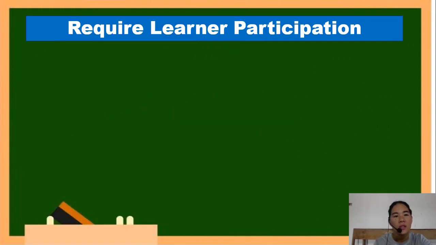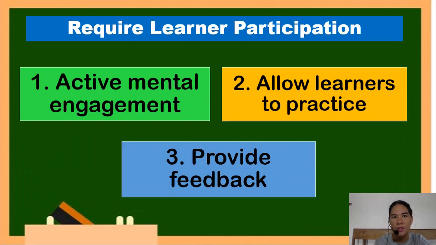Next, we have require learner participation. This Azure model really requires full learner participation. So we have the active mental engagement. Second, allow learners to practice. And third, provide feedback. These things are really important, especially in our curriculum this time.